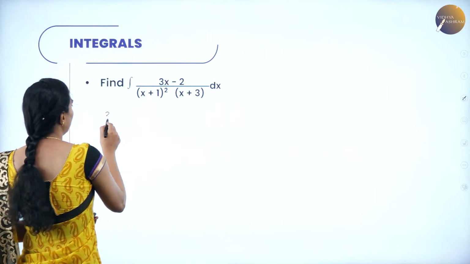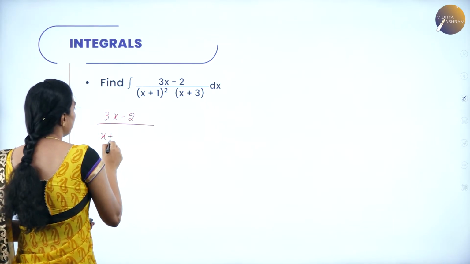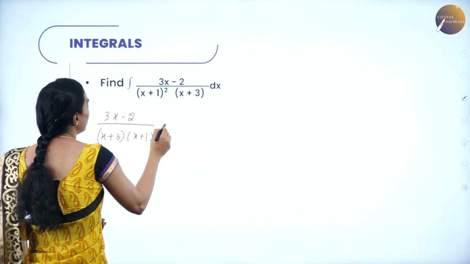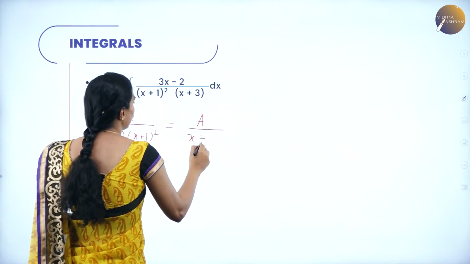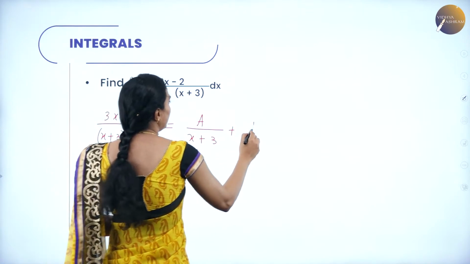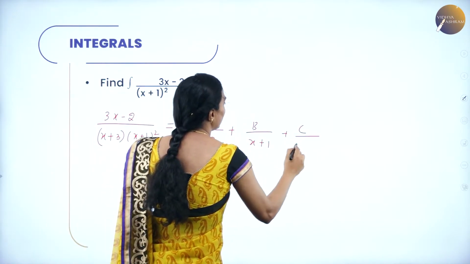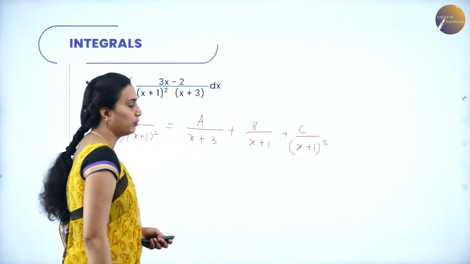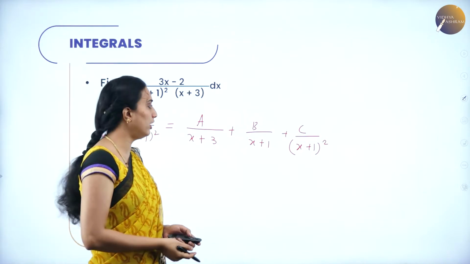Write whatever is given inside the integral: 3x minus 2 divided by x plus 3 into x plus 1 whole squared can be written as a divided by x plus 3 plus b divided by x plus 1 plus c divided by x plus 1 whole squared, isn't it? Now because you have a cubic in the denominator, 3 constants must be introduced.